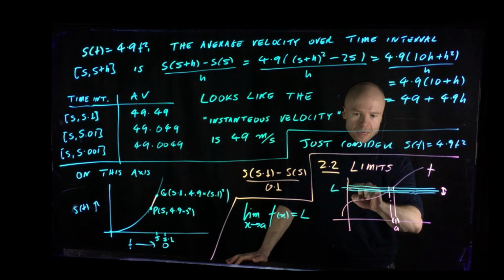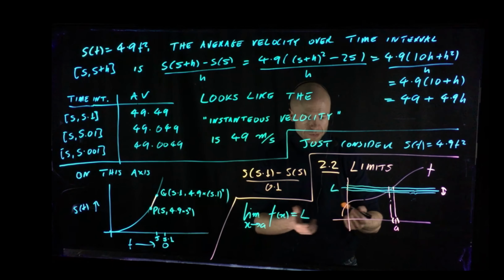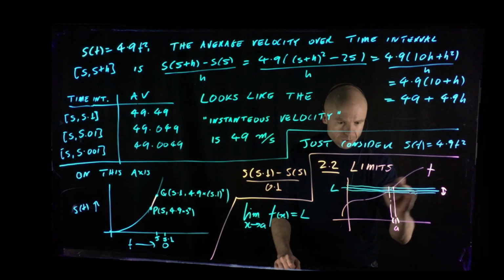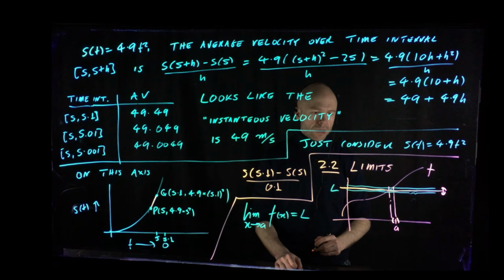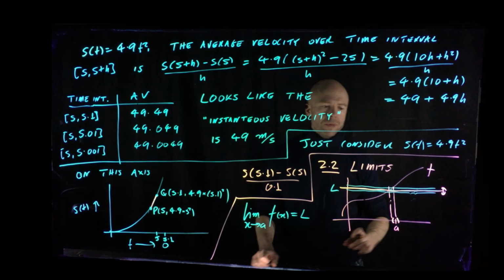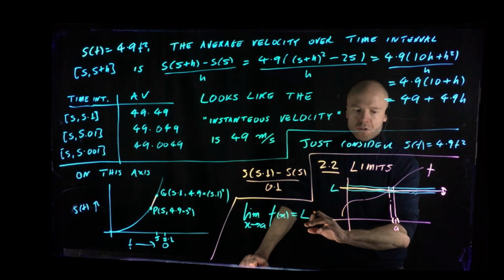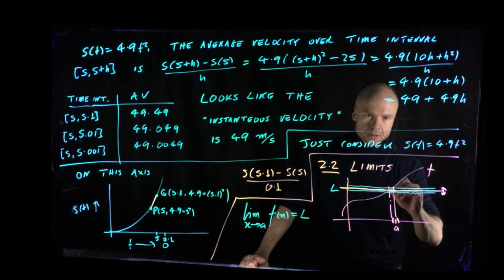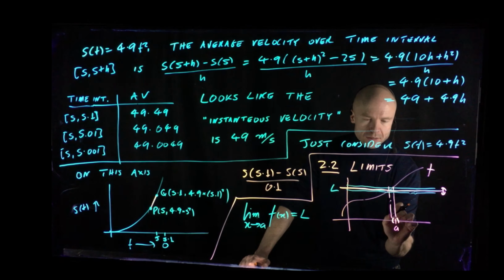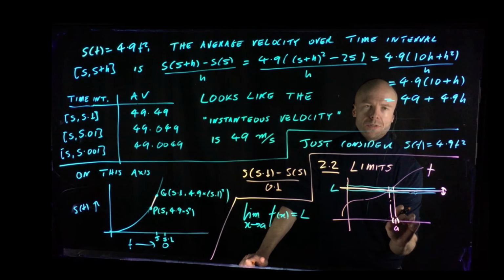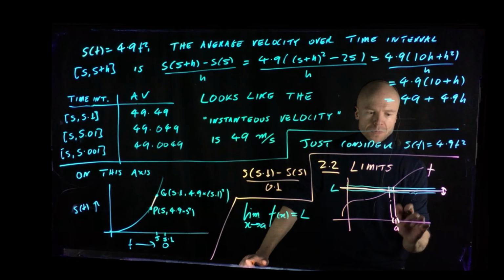So if we take L and we draw this kind of thickness around it, which is just drawn here, so this is our number L, and we put a little thin strip around it, then this thing informally means we can guarantee that our function f is going to live inside this strip so long as we're allowed to restrict the values of x to be within this tiny neighborhood around A. And it doesn't matter how small that is. We have the right to choose it to be as small as we like.